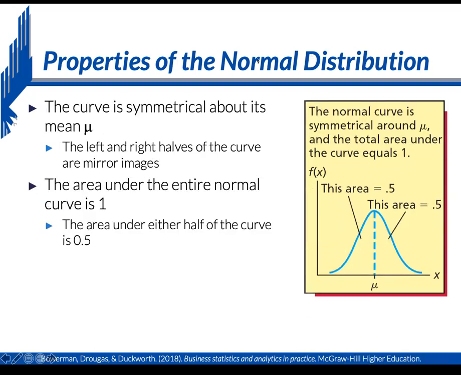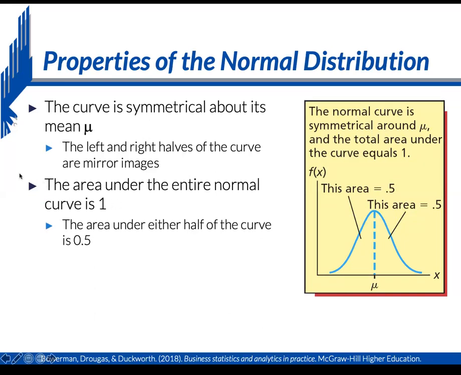Next, the curve is symmetrical about its mean. So again, the mean is the one here at the center. And since the normal curve is symmetrical about the mean, the left and the right halves of the curve are mirror images. So this side is a mirror image of this side. And just like any other continuous probability distribution, the total area under the normal distribution is 1.